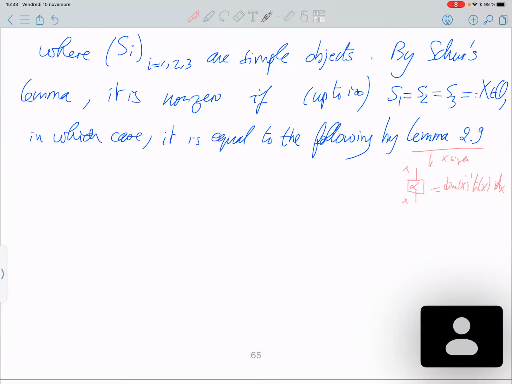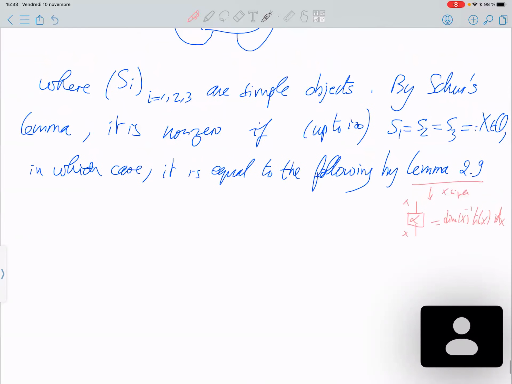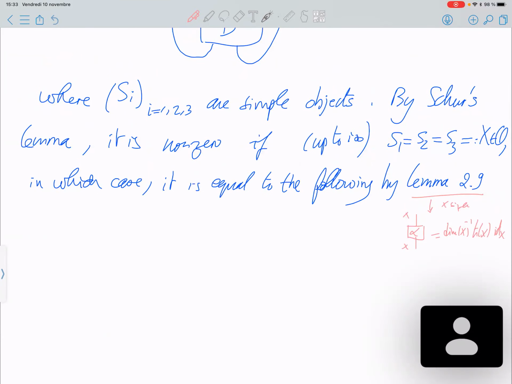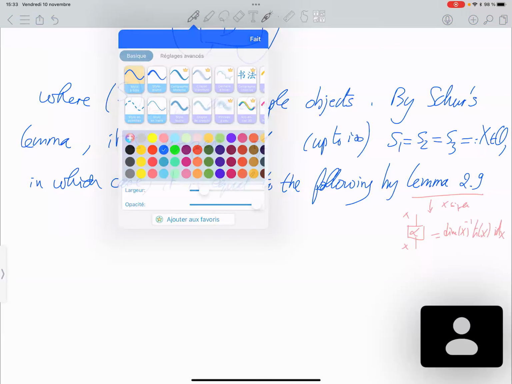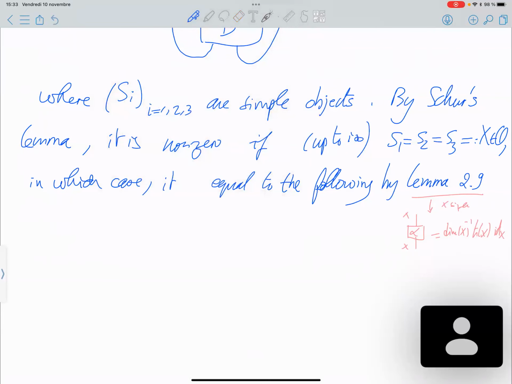Remember, to get such a result, to apply the Schur lemma in the usual sense, you always need the field to be algebraically closed. Otherwise, the End of 1 is just a division algebra, not necessarily one-dimensional. So the field being algebraically closed is an important assumption.